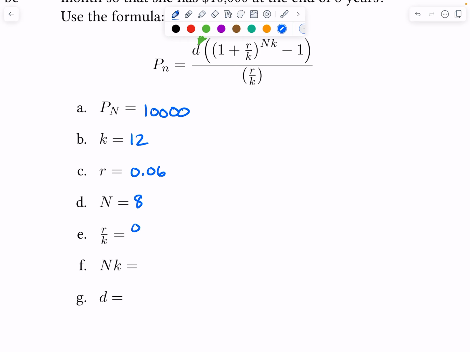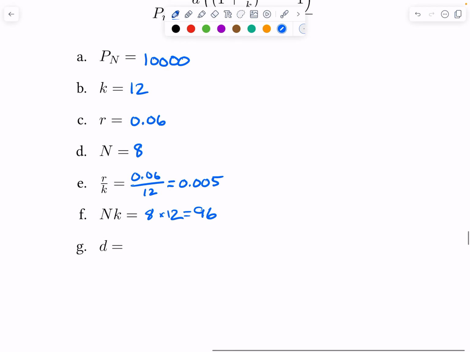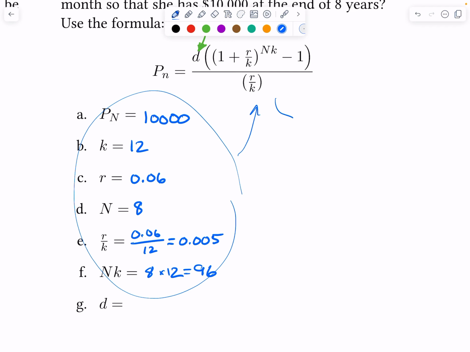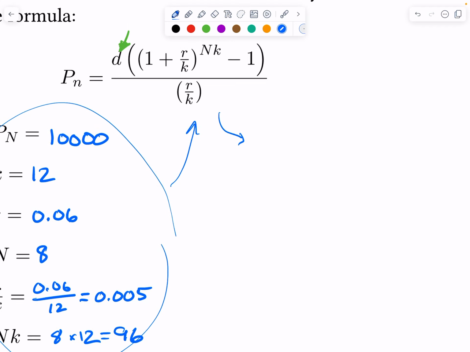So R over K is going to be 0.005. N times K is 8 times 12, which is 96. And now for D, we're going to have to plug everything that we have here. So all of this stuff gets plugged into that, and we get this expression over here.